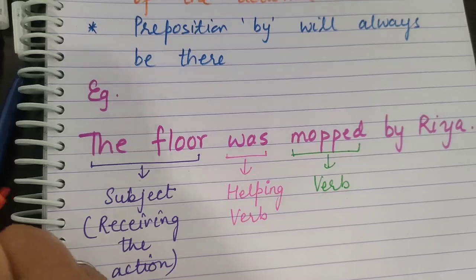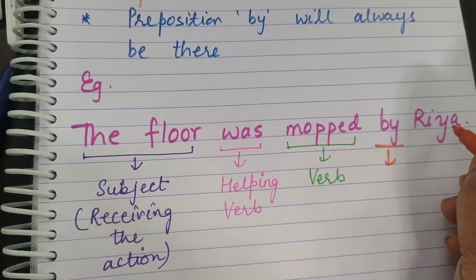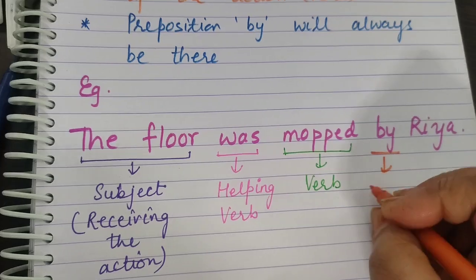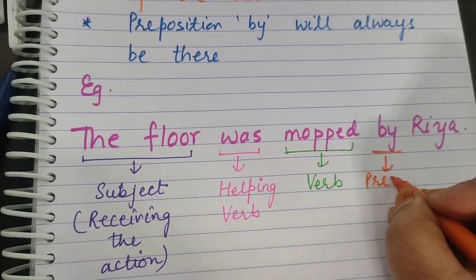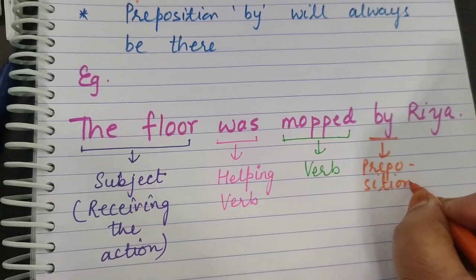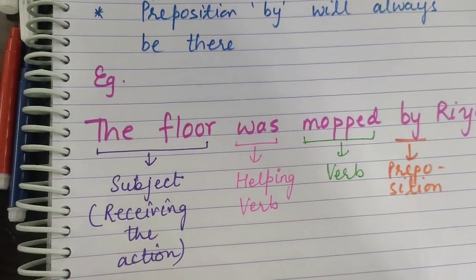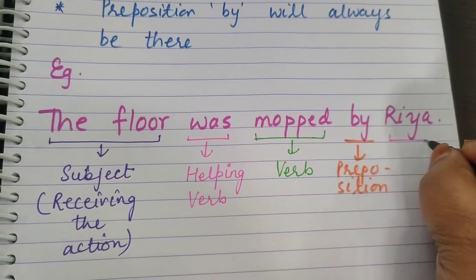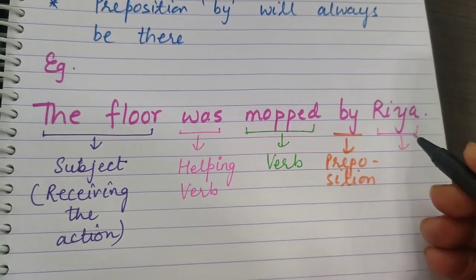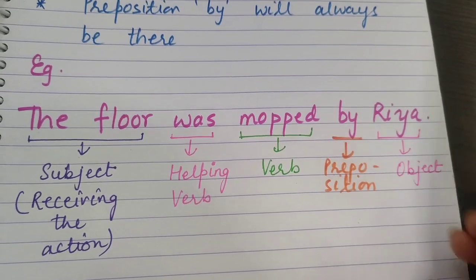As I told you, by is going to be added right before the subject. So this is your preposition to be added every time, and this now has become our object.